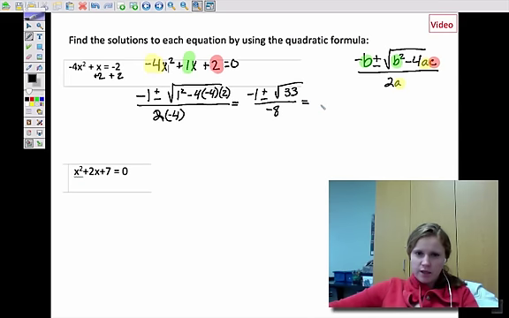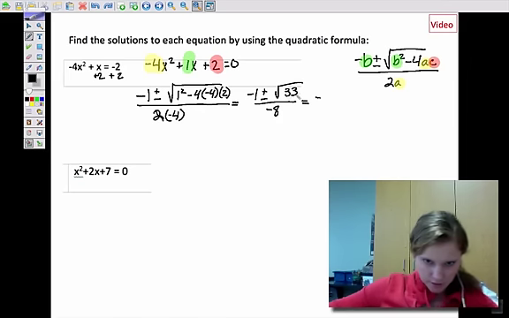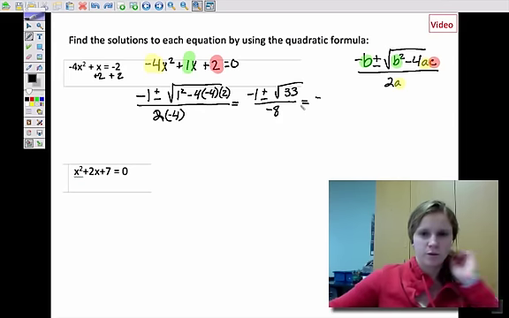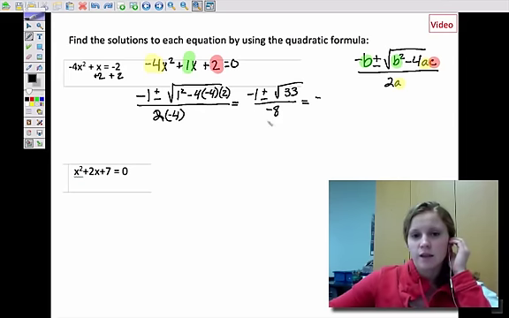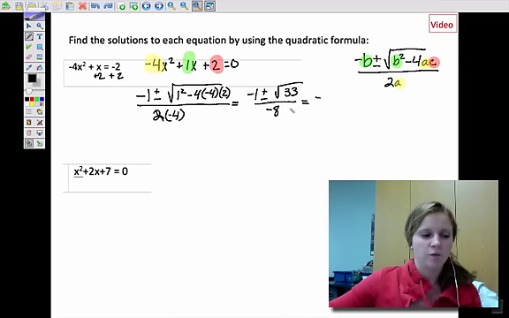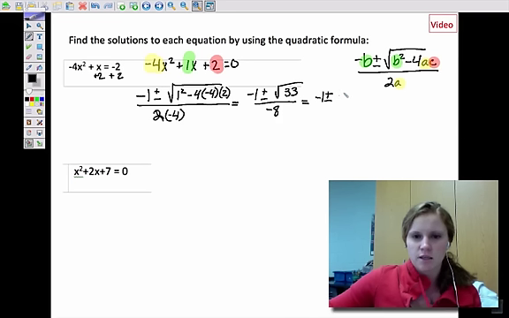Because the square root of 33 is an irrational number, this would be the most exact way to write it. But we can do some approximating with our calculator: the square root of 33 is approximately 5.74, going on forever, all over negative 8.